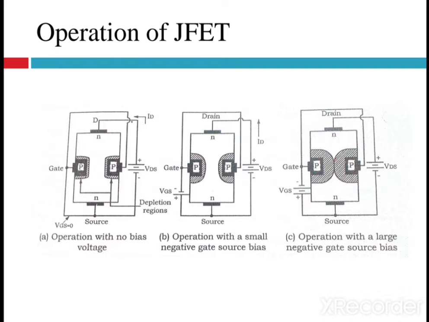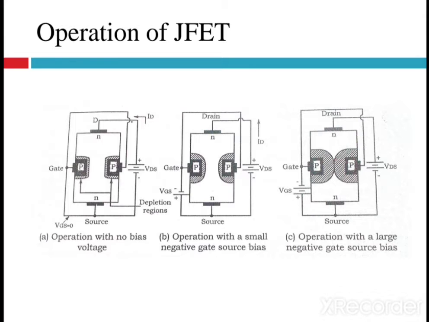Diagram B is the operation with a small negative gate source bias, which means the value of VGS is very small and negative. And diagram C is the operation with a large negative gate source bias, which means a large value of negative VGS.